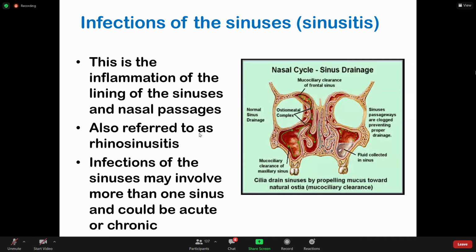The condition is also referred to as rhinosinusitis because you can have a clinical presentation that started off with rhinorrhea, that is, the patient has nasal discharge, then later the patient will complain of heaviness in the face, stuffy nose and things like that.